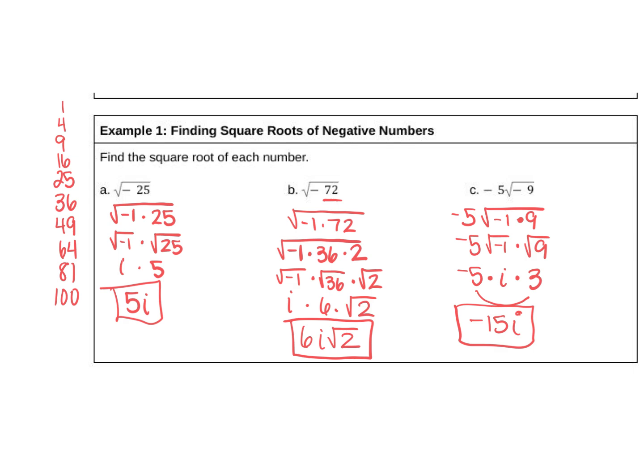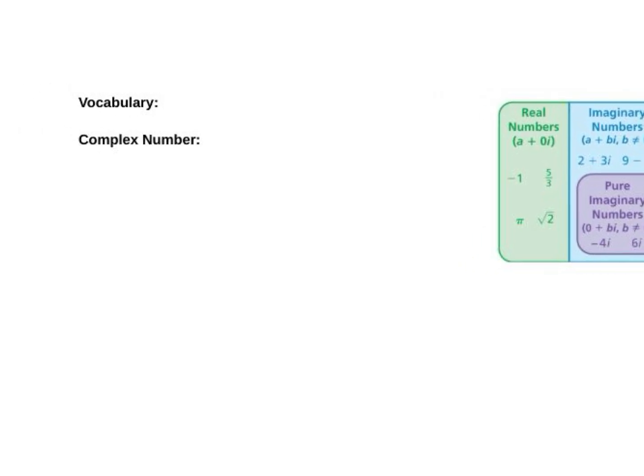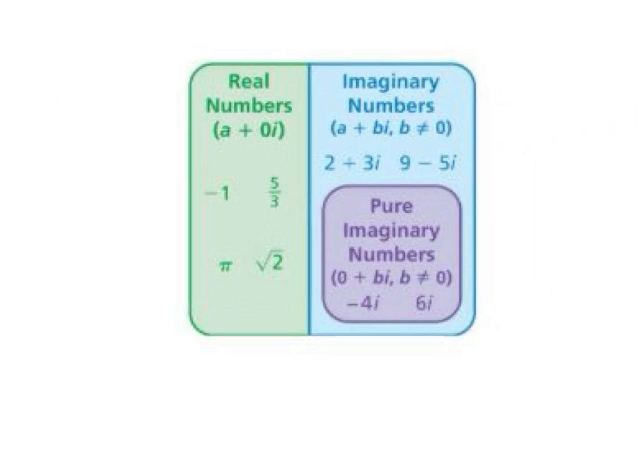All right, let's go to the next page. Okay, so now we have a complex number. Complex number is, if you kind of look at it, we have real numbers. You guys did this before where, remember, real numbers can be irrational. They can also be rational. And then you have integers. And then you have whole numbers. And then you have natural numbers.